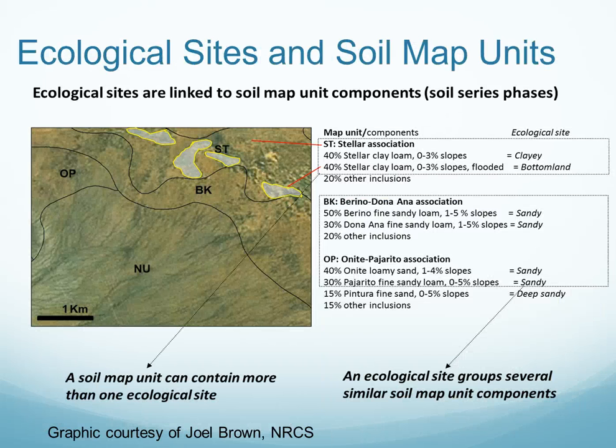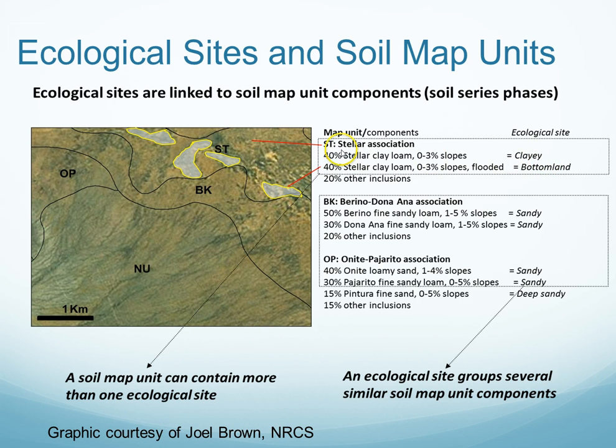There's a relationship between ecological sites and soil map units. They are linked, ecological sites are linked to soil map unit components. Sometimes we can have different soil series phases in the same unit that are found on different ecological sites.